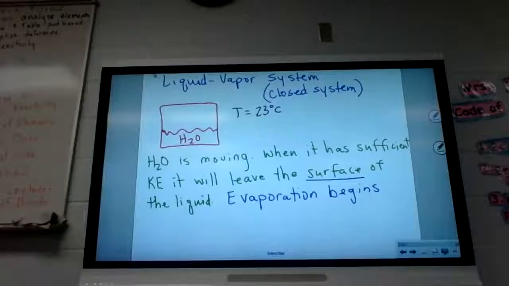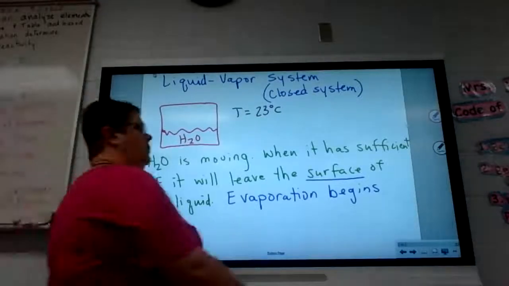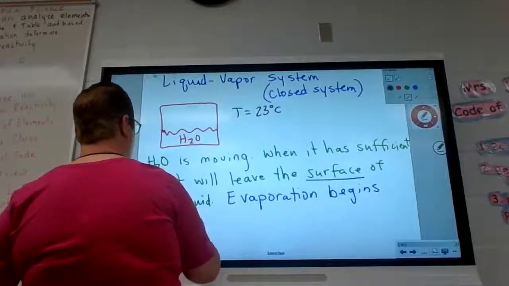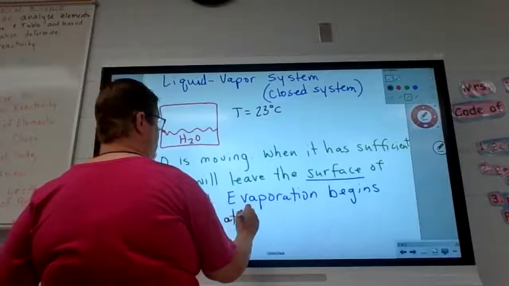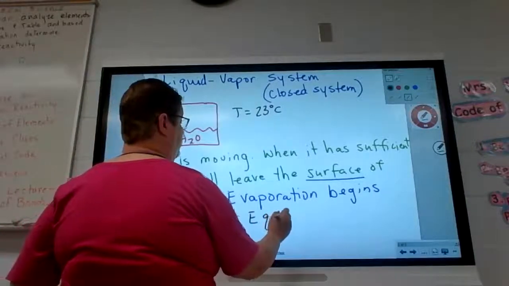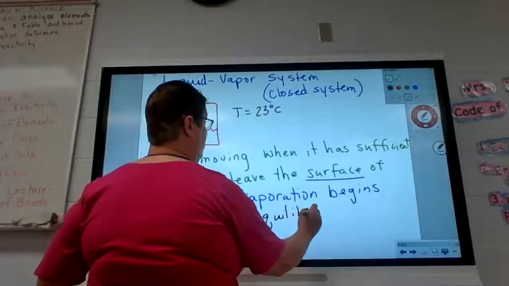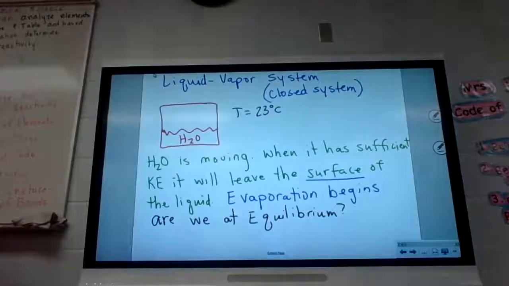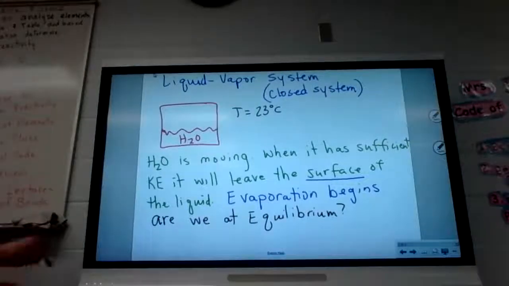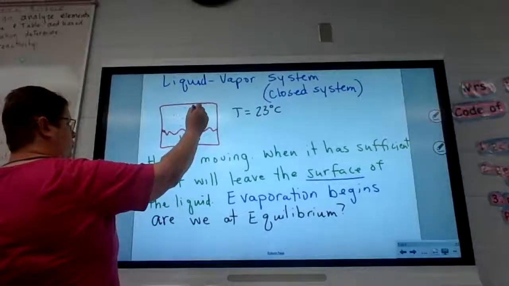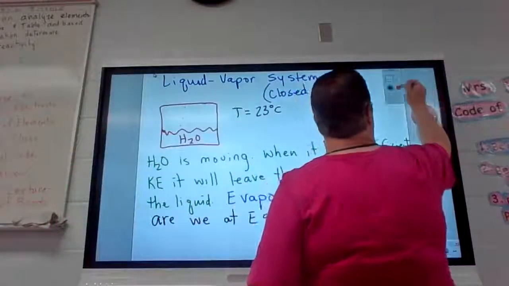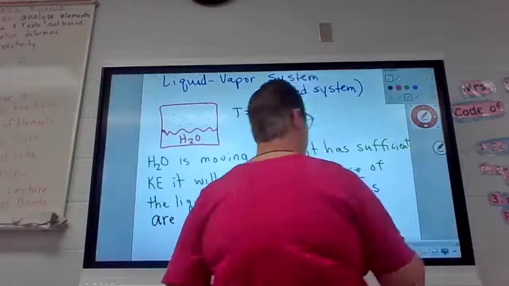Now, so if evaporation begins, are we at equilibrium? Would we be at equilibrium at this point? All right, the answer is no. Why is the answer no?